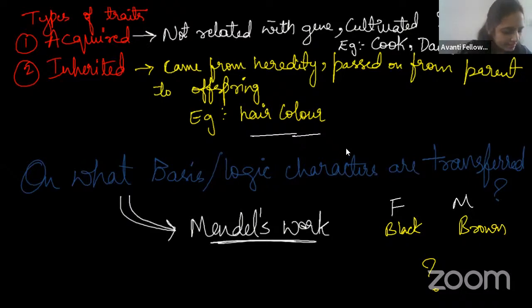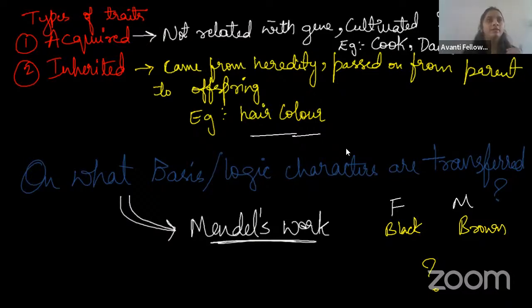What about others, guys? Tell me in the chat box. Both, yes. In some cases, if you talk about type 1 diabetes, that is inherited, right, guys? When you're talking about type 2 diabetes, that is the acquired one, right?